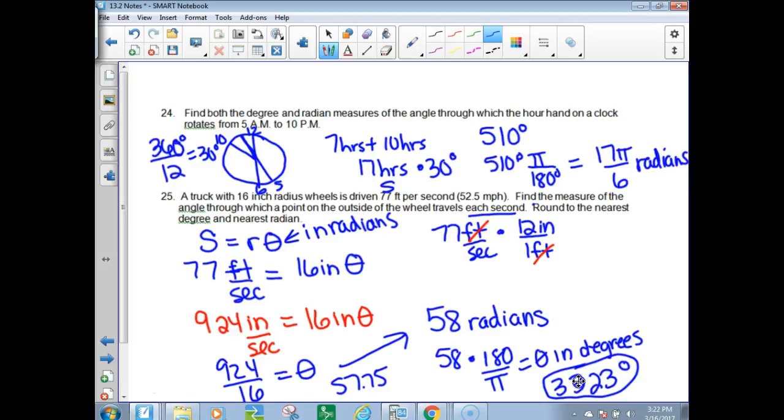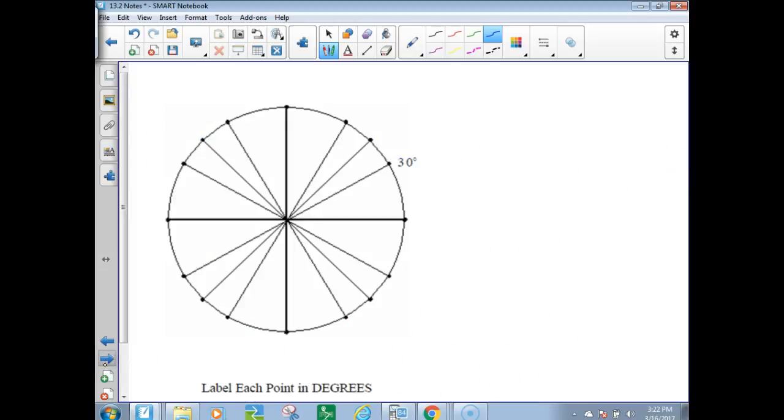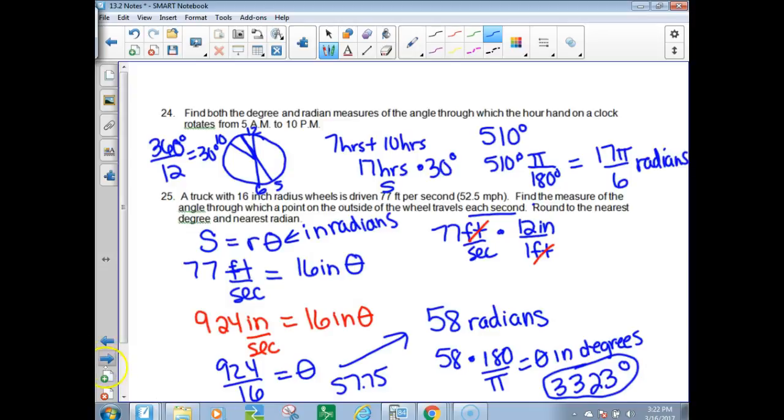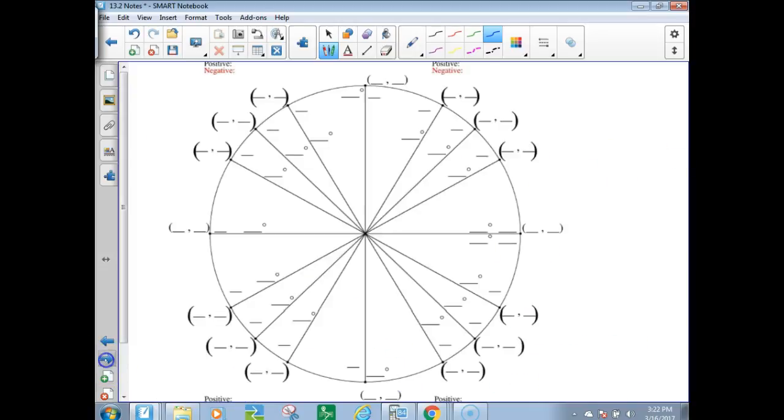Do I need to type that in for anyone? No. Okay, your assignment, and we'll be doing this soon, playing around on our unit circle. We're going to learn how to fill this entire thing in. You eventually will know this well enough that you will be able to take a quiz with this blank circle and fill it in.